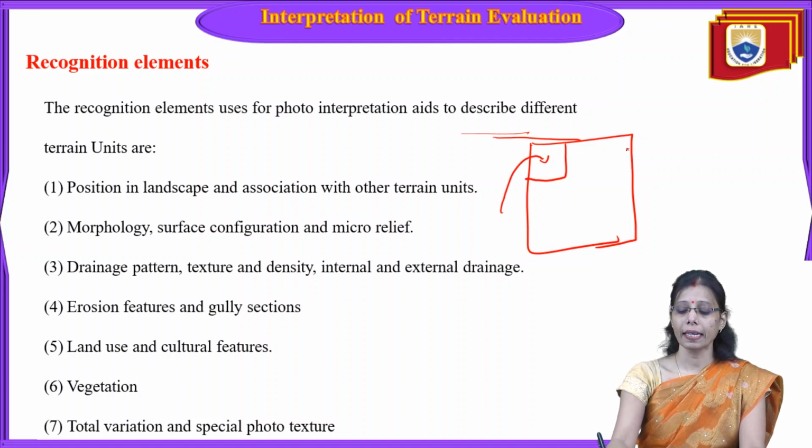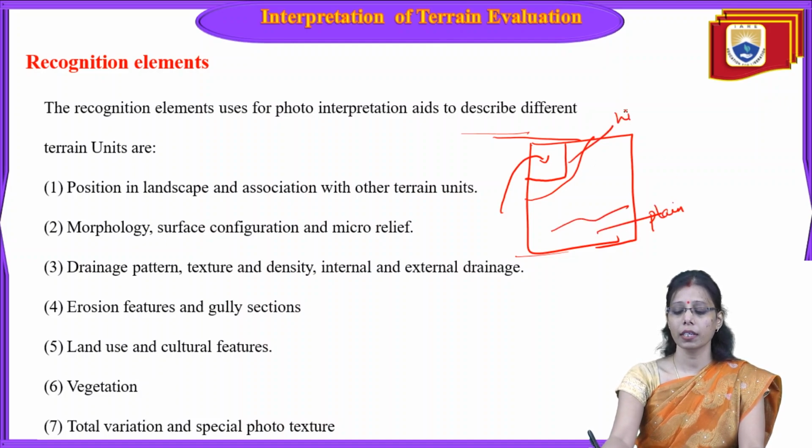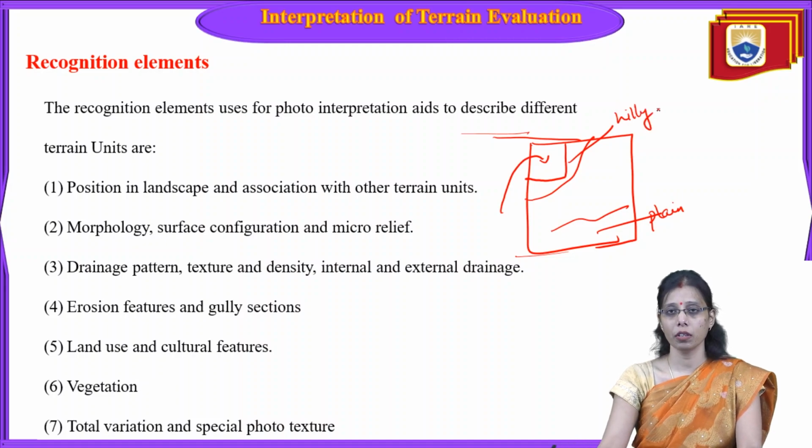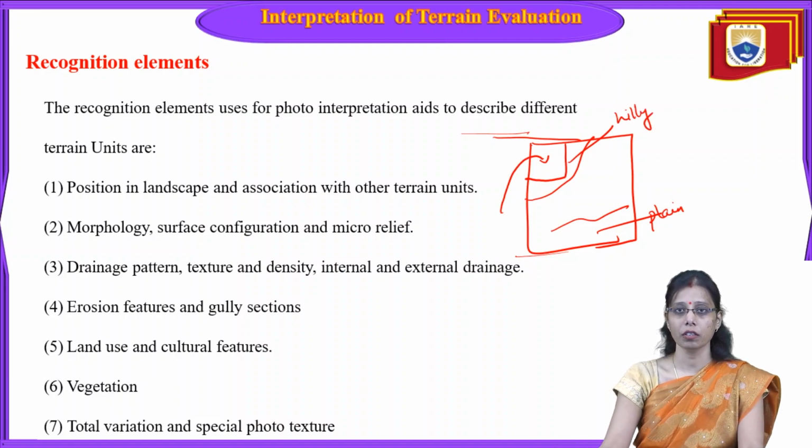In this entire aerial photograph or satellite imagery, the topography will not be the same. Here can be a hilly area, here can be a plain area. That all depends on the type of area chosen for the evaluation. So we have to get to know the position in the landscape and association with the terrain elements. Association means, suppose this is the area we are going to find out, we have to find the associated area.